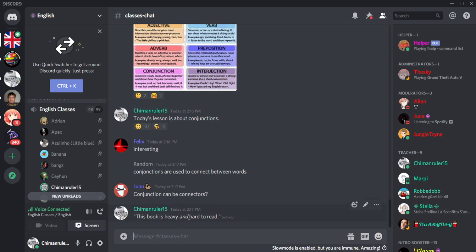So the and here is a conjunction that connects 2 words or a group of words, heavy and hard to read. And another example would be a conjunction that connects phrases.